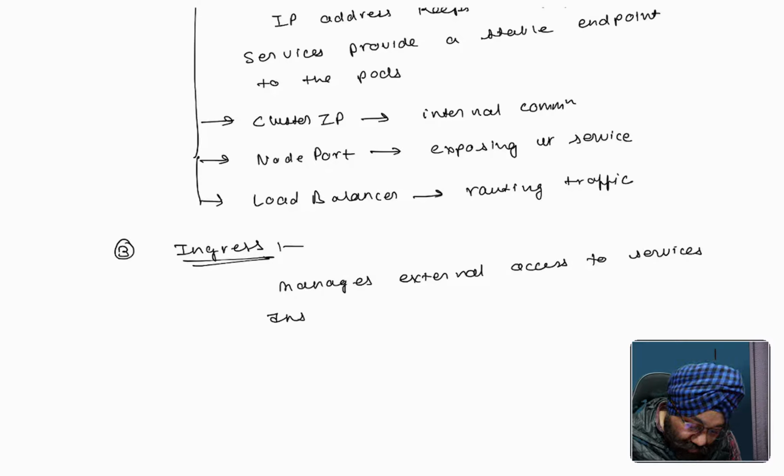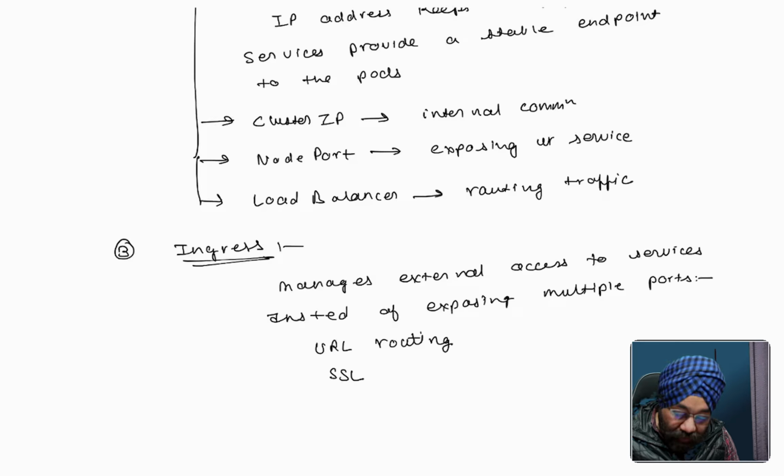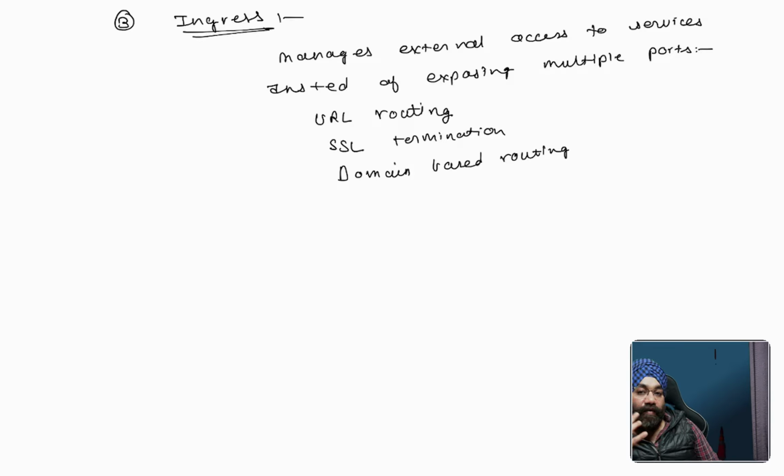So instead of exposing multiple ports, Ingress provides you URL routing, SSL termination, and also domain based routing. So yeah, Ingress is kind of a traffic controller for your complete system. It will route based on your service, based on different types of pods available in your system, where your request should go. That is configured in Ingress.